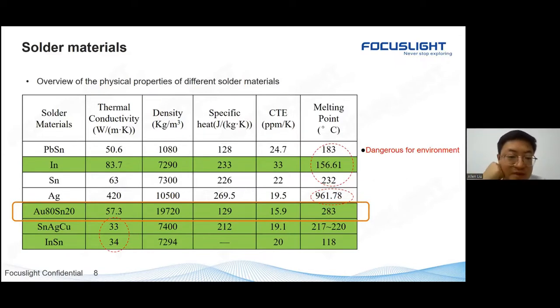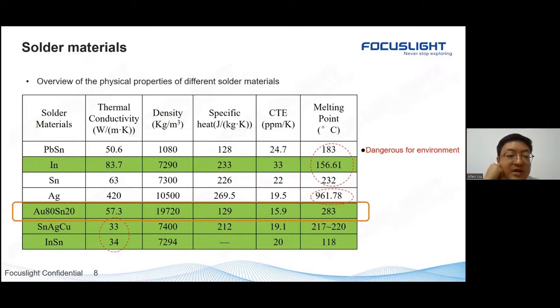For silver solder, you can see the thermal conductivity is higher and the CTE is low enough, but the melting point is too high, more than 900 degrees. So it's very hard to do laser chip bonding in mass production because the melting point is too high.